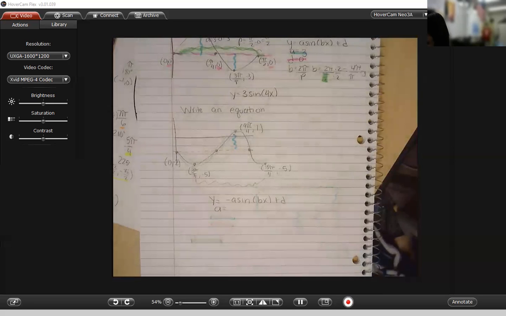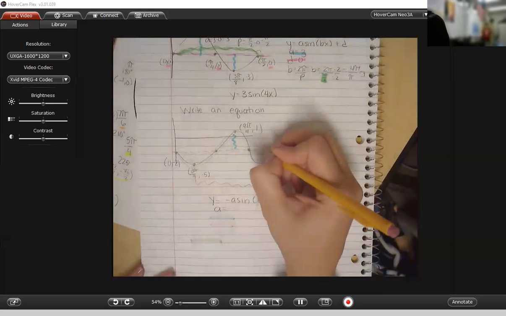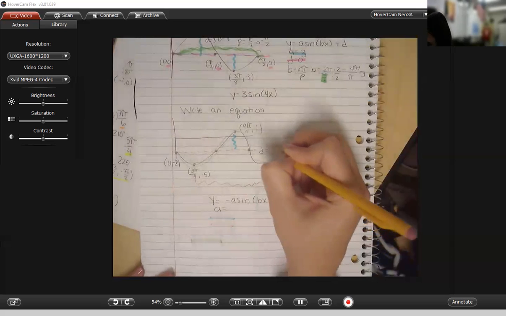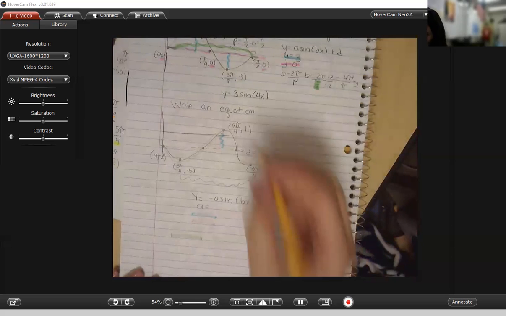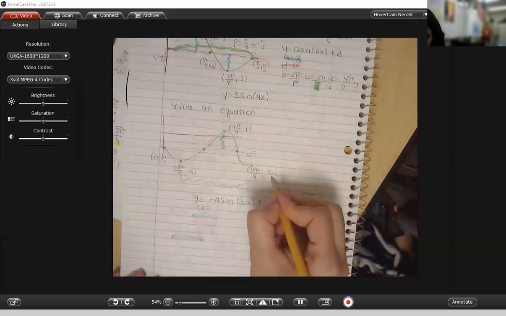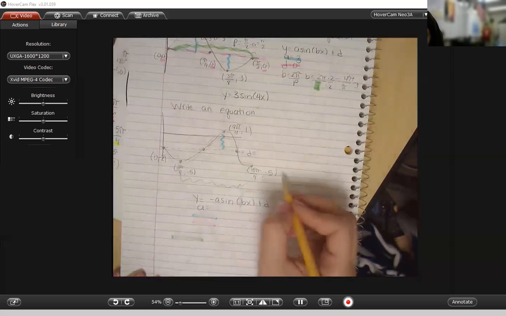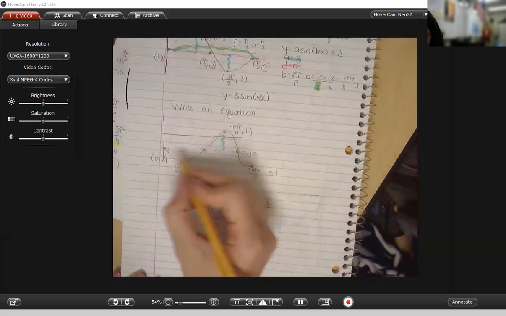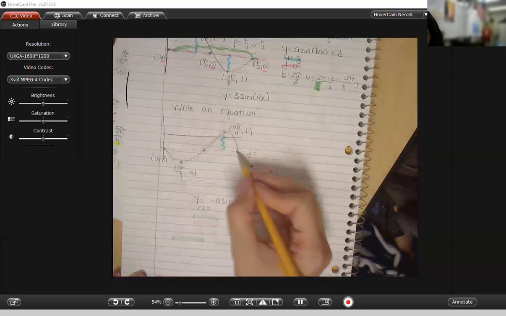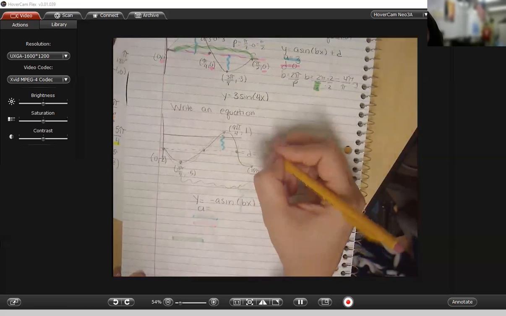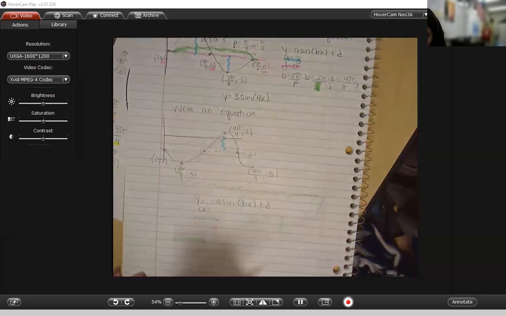I actually don't know the midline, so I need to know the midline to find the amplitude too. Well, I know that my maximum is 1 and my minimum is -5. So I need the midway point between 1 and -5, and that's going to be my midline. If I don't see that right away, I can add them together and divide by 2 to find the average.